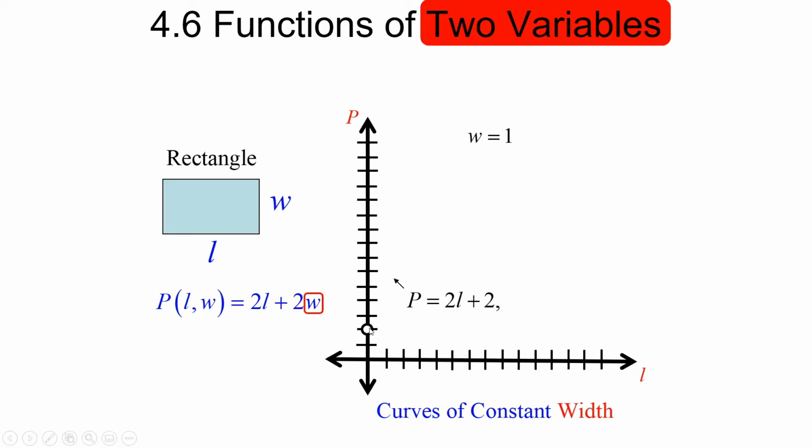Open dot right there. And then from there, I'm going to do a slope of 2 up and 1 over, 2 up and 1 over, and I keep doing that. So that's just going to create a ray coming from that open dot on the y-axis, or in this case, the P-axis, with a slope of 2. And there's my curve of constant width for perimeter if the width is 1.